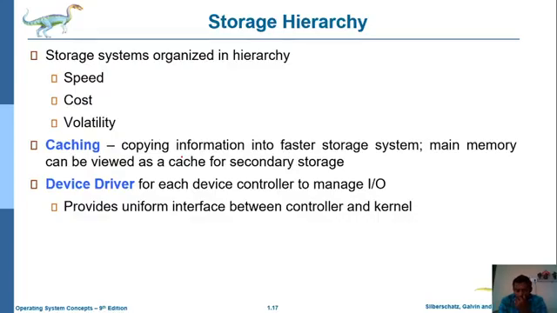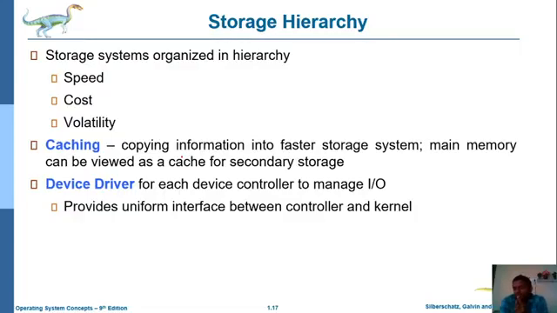Now first of all, we should know what is meant by caching. Whenever we are copying the data from one device to another device or from one memory to another memory, to complete any specific process, we are transferring the data from a slower speed memory device to a higher speed memory device. That process is known as caching.